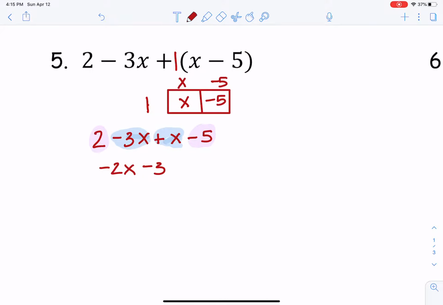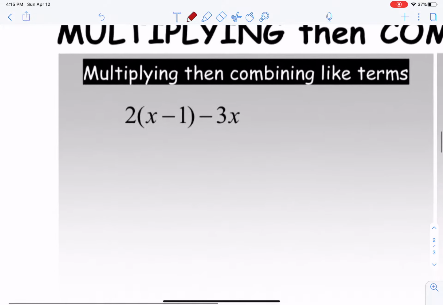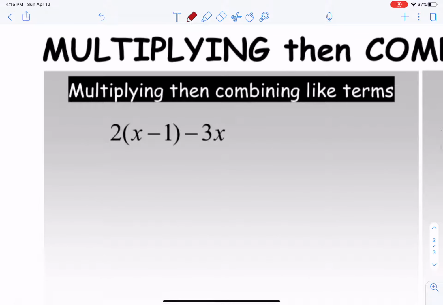All right, let's go ahead and move to something a little bit more complex. So once again, I need to distribute first. So let's draw our box if we still need it.